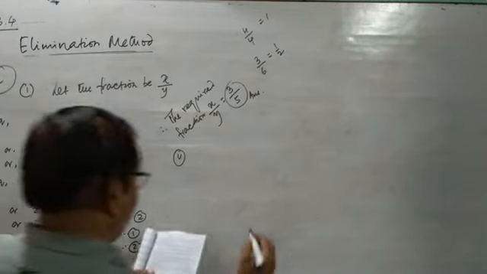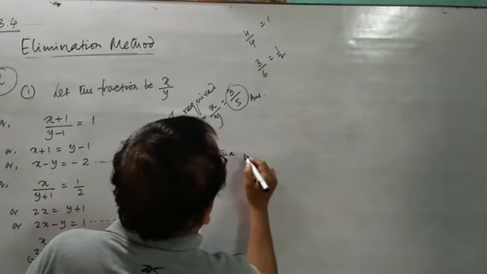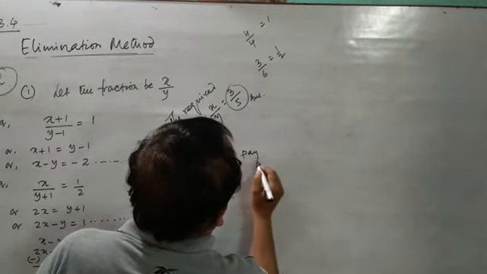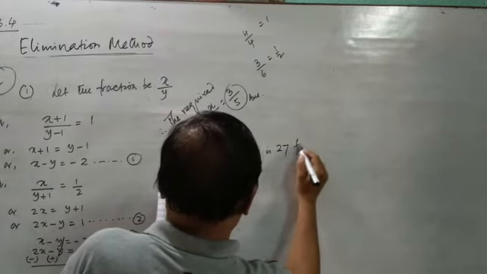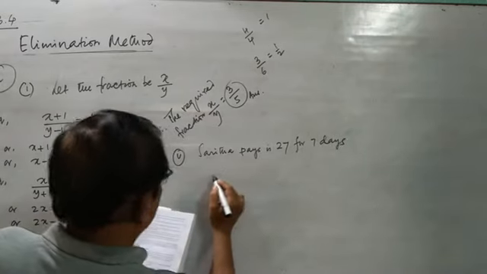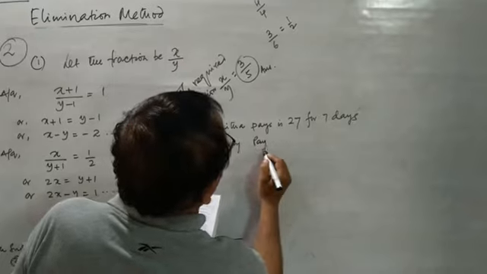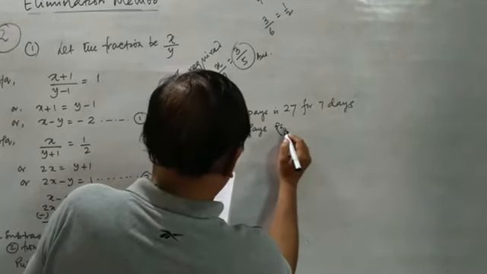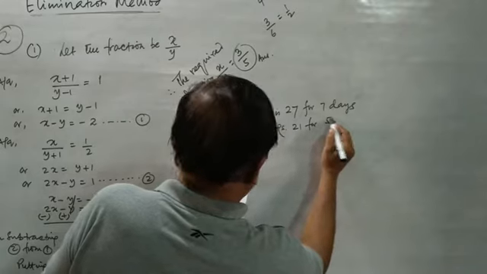So Sarita pays rupees 27 for 7 days, and Susie, her friend, pays rupees 21 for 5 days.